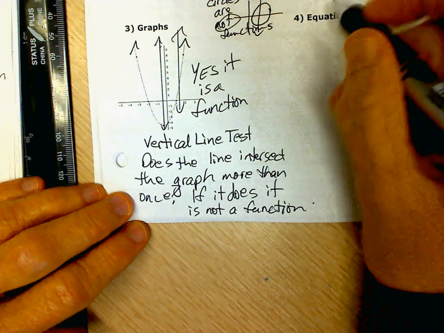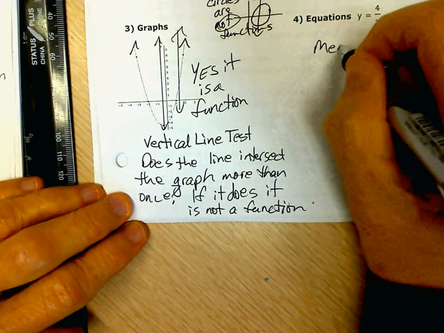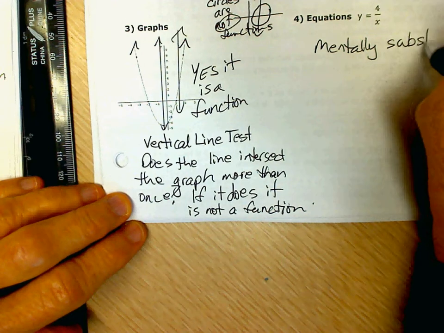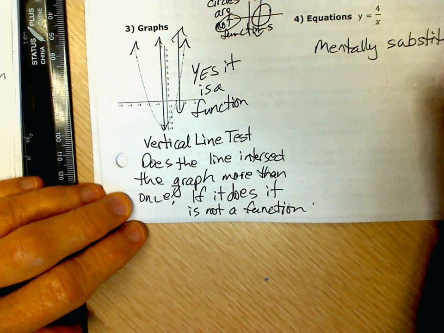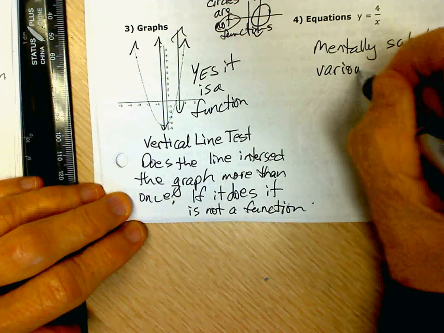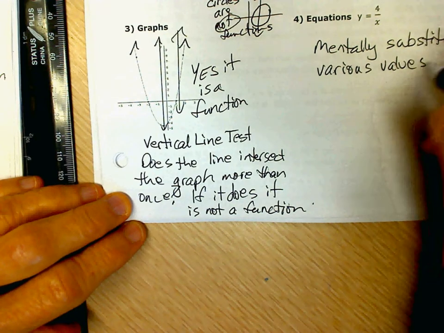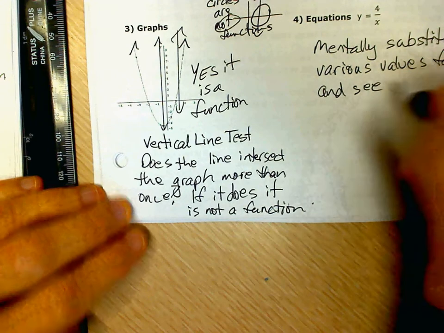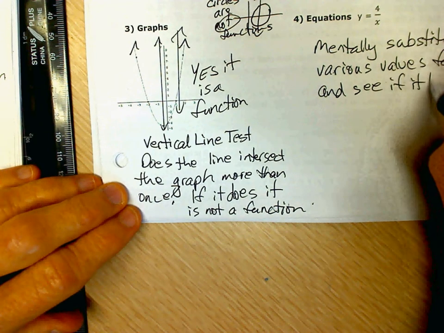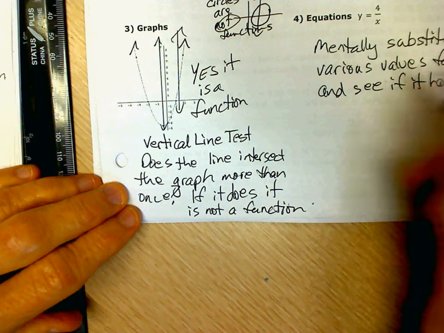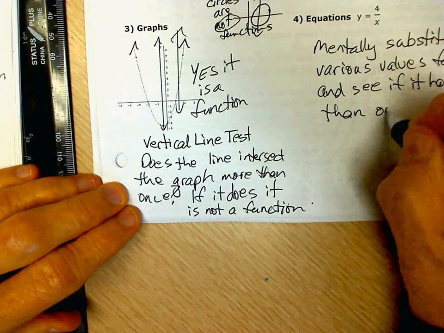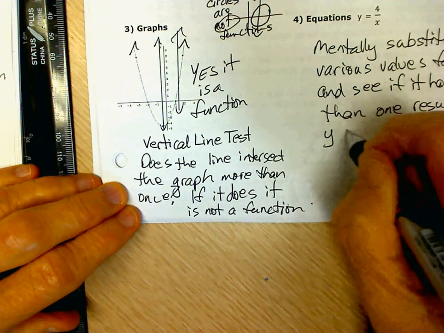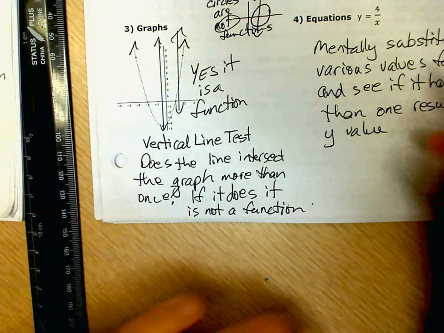So what we can do is mentally substitute, or off to the side, various values for x and see if it has more than one resulting y value. If it does, it is not a function.